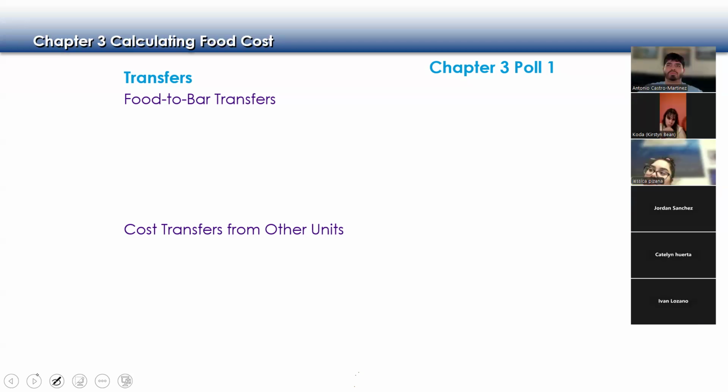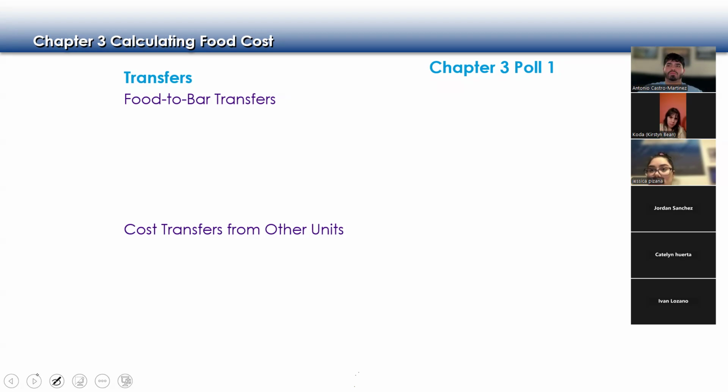Cooking oil. Okay, cooking oil should always be part of your food cost because we don't usually consume cooking oil. However, what's a beverage that we might consume as a beverage, but it might be used in a recipe for food?